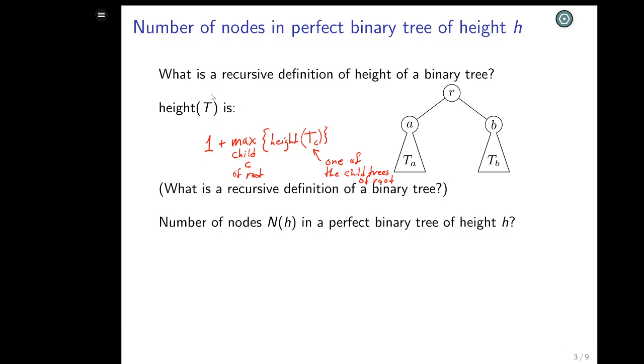I'm looking for the longest path in the tree down to a leaf. So I want to find whichever one of these two trees is higher, this one or this one, will determine the height of the whole tree. So I take the max of those, and I add 1 because I have one step, one edge that connects down to my children. Okay, now, what is the base case for this recursive definition?